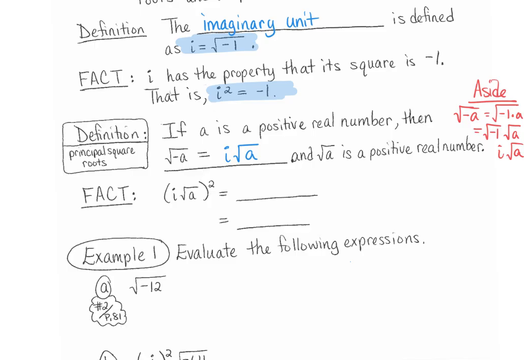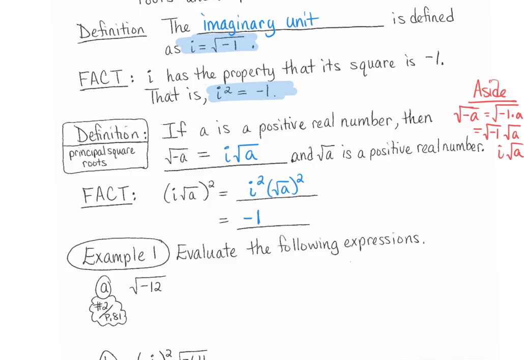So a fact, using our properties of exponents here: if we take i times the square root of a and square that, we can rewrite this as i squared times the square root of a squared. i squared is -1.